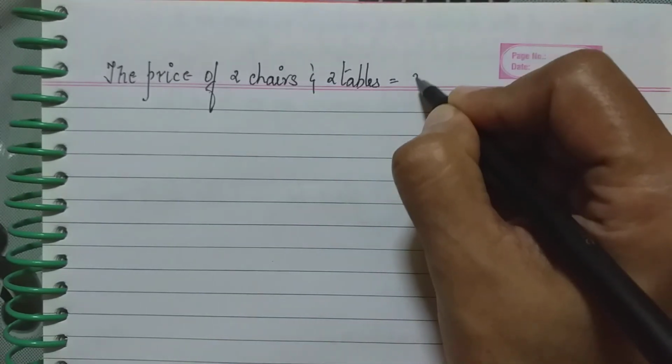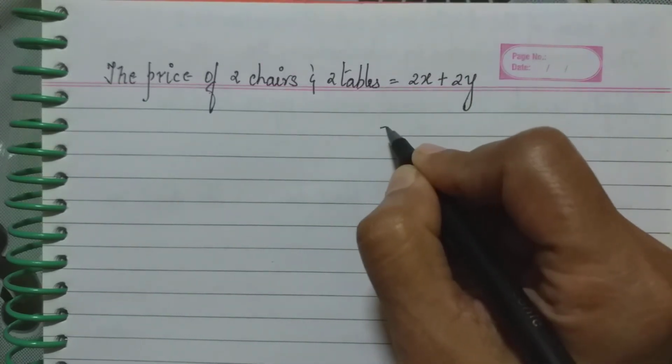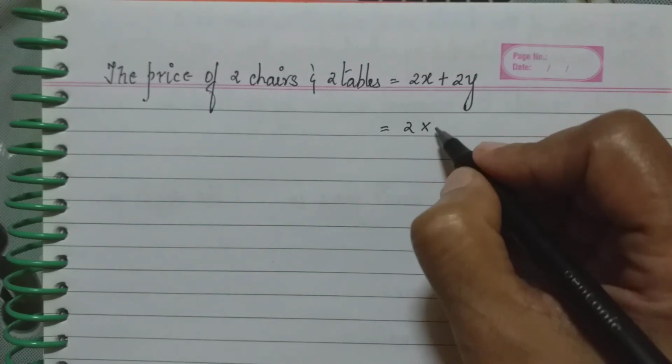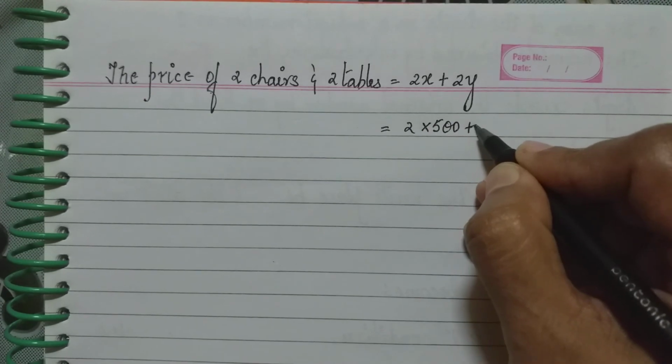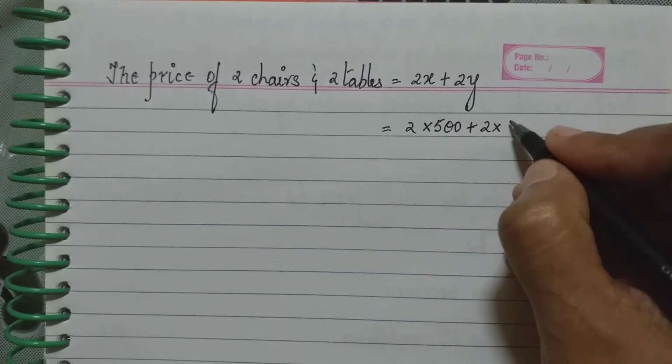is equal to 2x plus 2y, which is equal to 2 into x, what we found was 500, plus 2 into y, what we found was 1500.